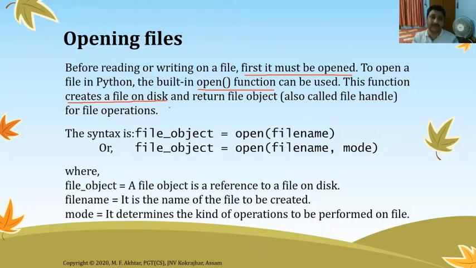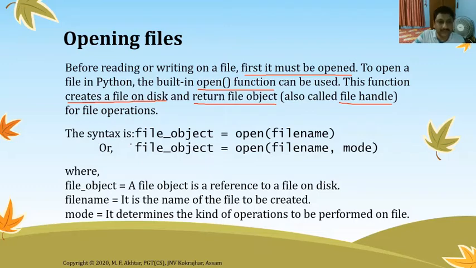Just like variables, a equals 10, b equals 30, we can do operations on these a and b variables. Similarly, there is a file object to work with a file. The open function returns the file object, and the file object is also called file handle. Both are similar words for file operation.